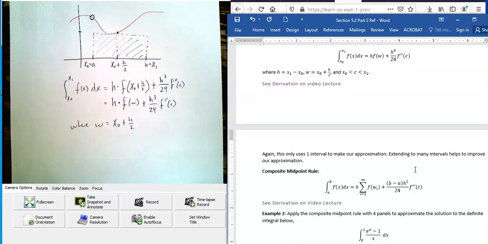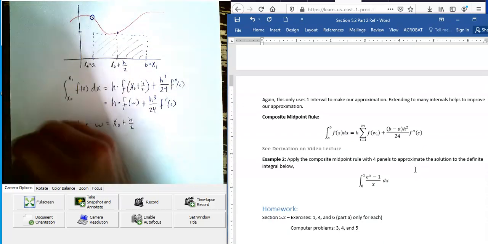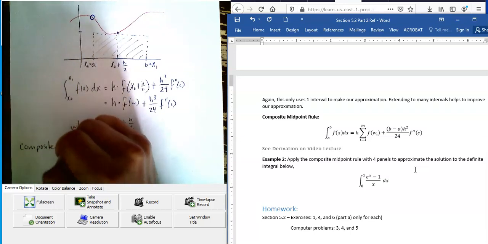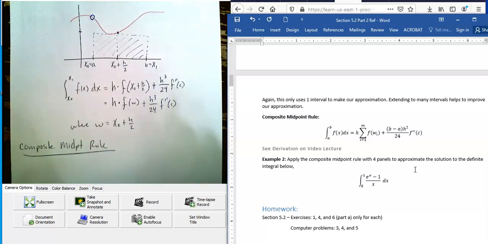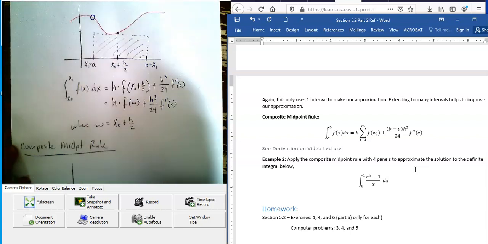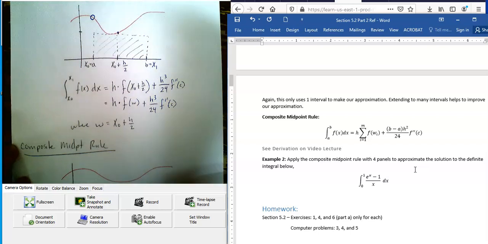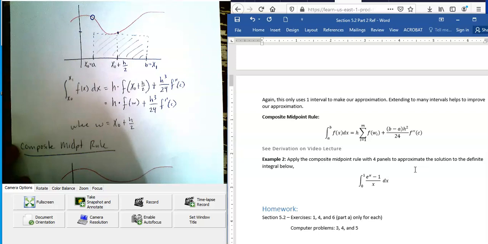We can also extend that to a composite rule by doing a similar thing to what we did last time, right? So instead we have this function, and we partition the axis like so.